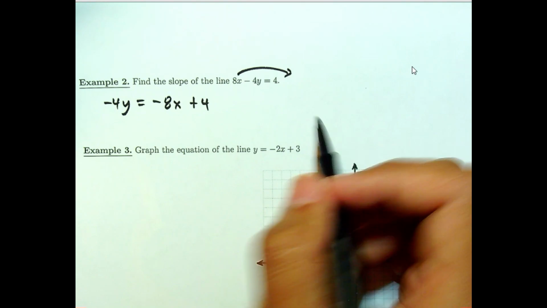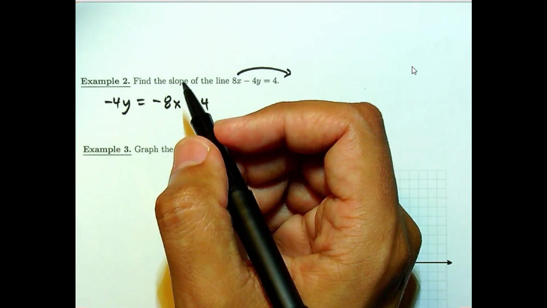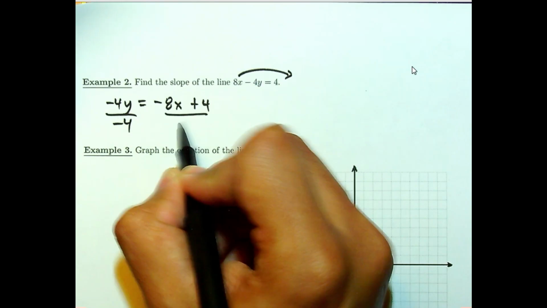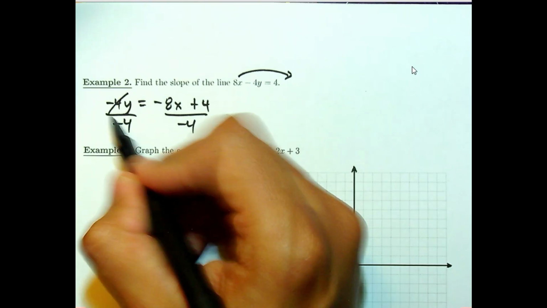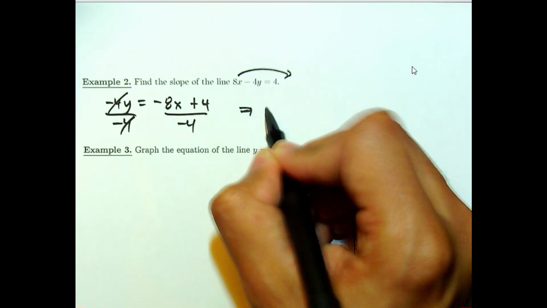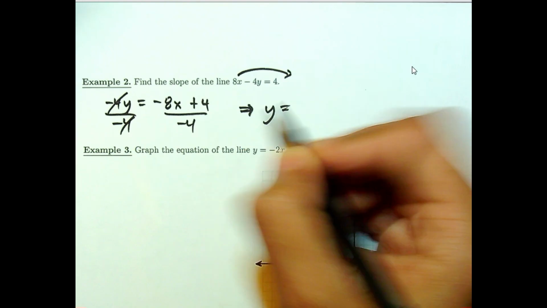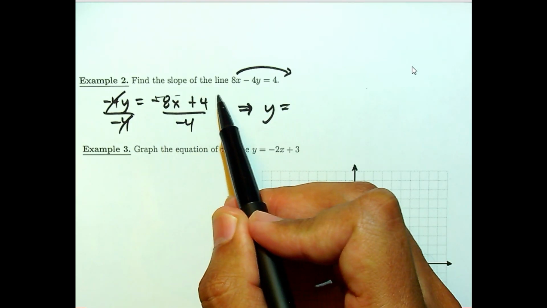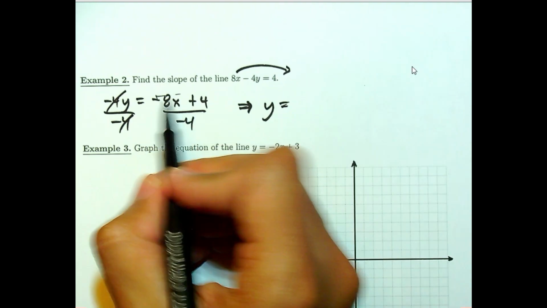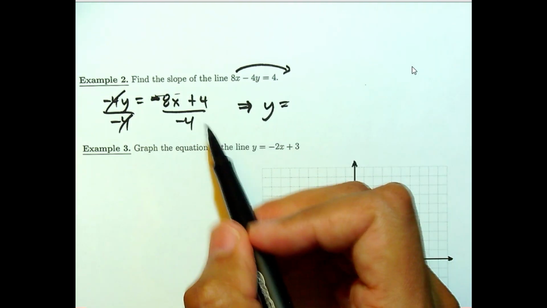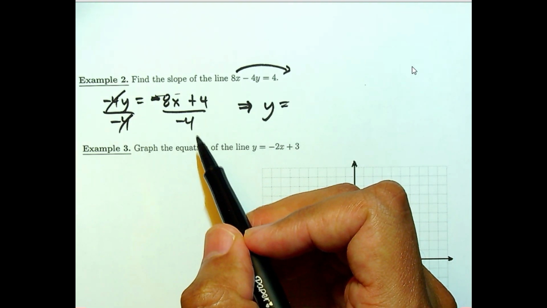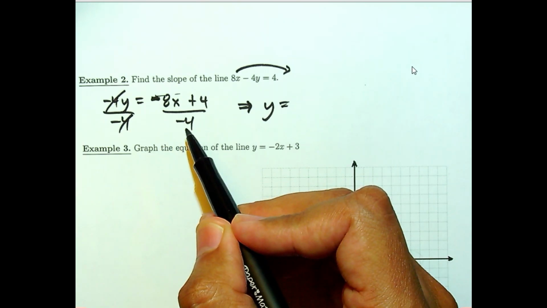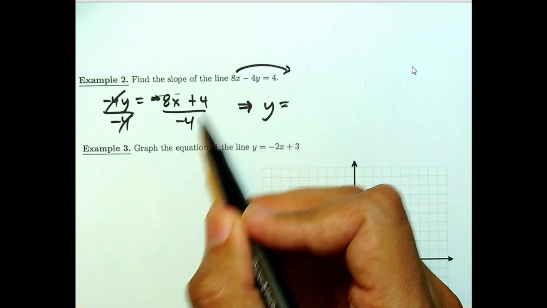And now divide by negative 4. Everything gets divided by negative 4, right? So you get y equals, and remember that everything on the top gets divided by negative 4. So negative 8 gets divided by negative 4, and this 4 gets divided by negative 4.